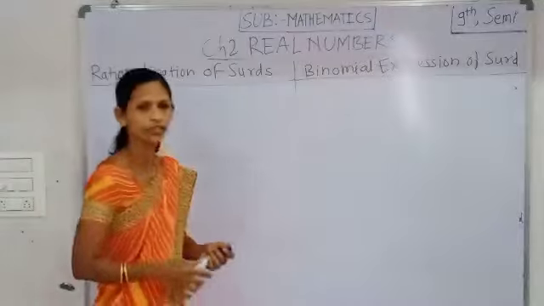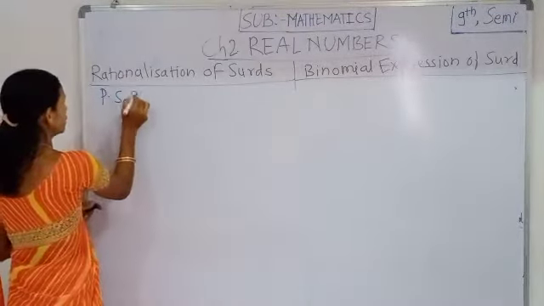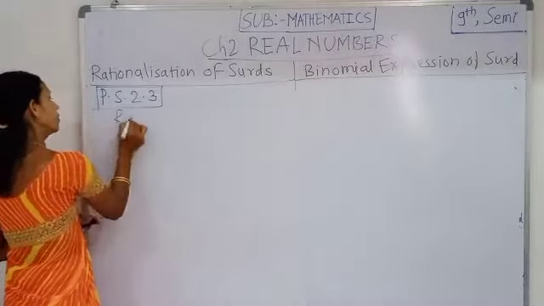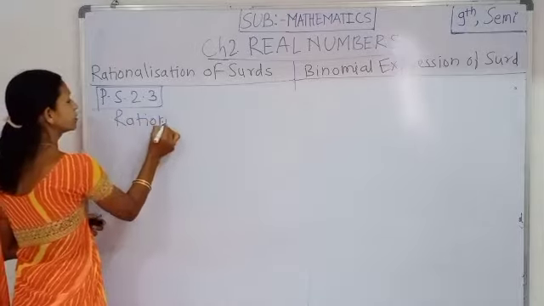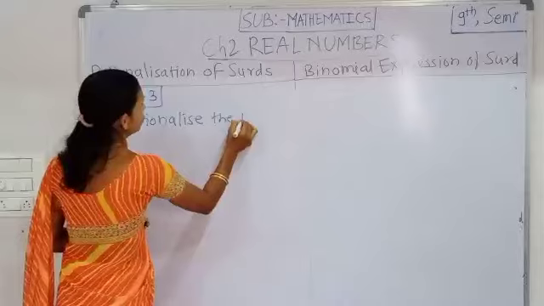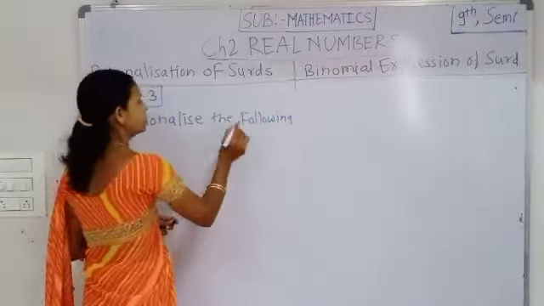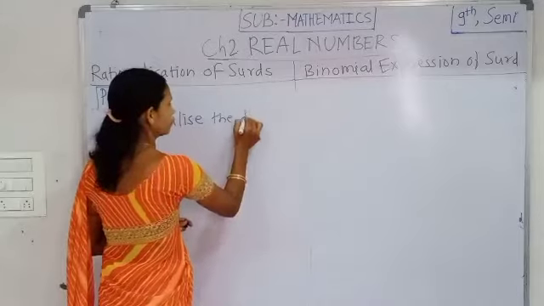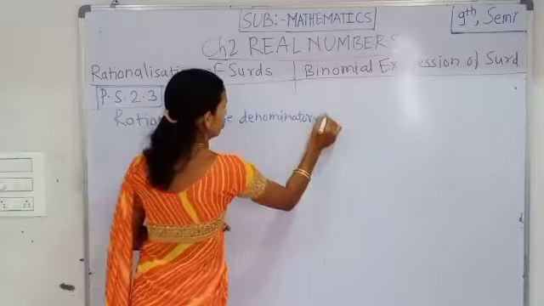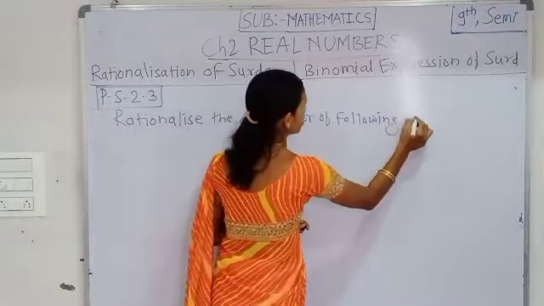The last example given there says: rationalize the denominator of the following given surds.